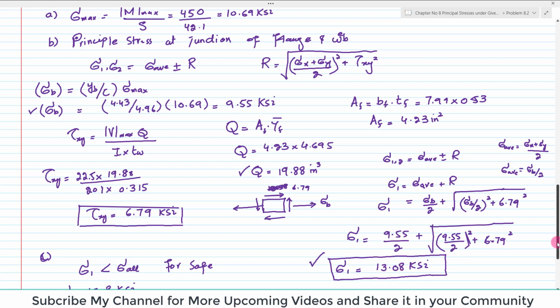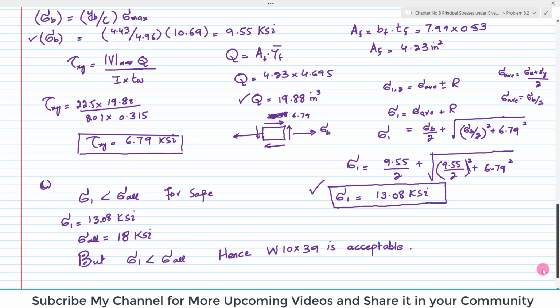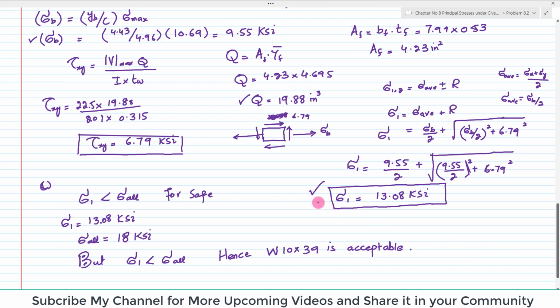So this was the second part of the problem. Now in the third part, it was asked to check whether the beam is acceptable or not. So what we have is sigma 1, which is the principal stress at the junction. It should be less than sigma allowable for an acceptable beam or for a safe design. So from here you have sigma 1, which is 13.08 ksi.